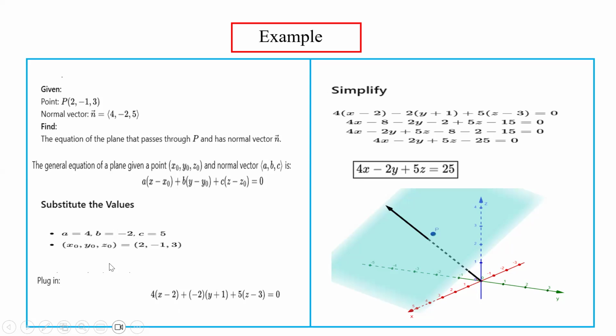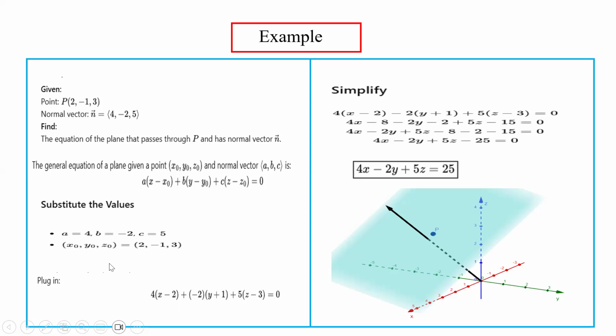Then y minus y0, where y0 is -1, so because we have a negative, we end up with y plus 1. Then z minus z0, where z0 is 3. We substitute and simplify, and we end up with 4x - 2y + 5z = 25. That is the equation of our plane.